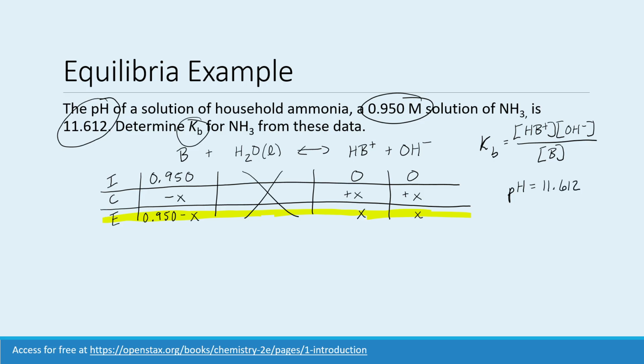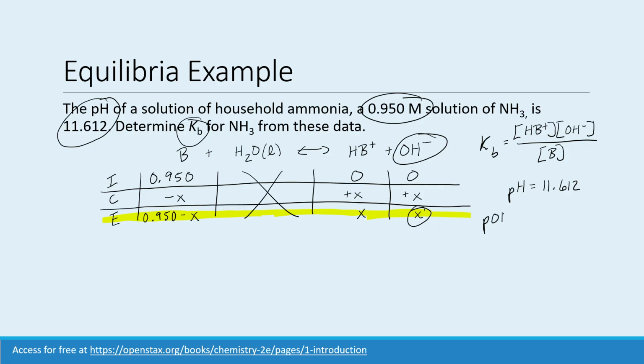Now the problem is that if I take the antilog of that, I'm going to get the hydronium ion concentration, but I don't have hydronium ion as a product when I'm looking at a weak base. And so here's the difference when you're looking at a weak base versus when we had a weak acid. Right now we've got the hydroxide ion concentration that is represented by the value X. And so instead of pH, we're going to have to find the pOH.